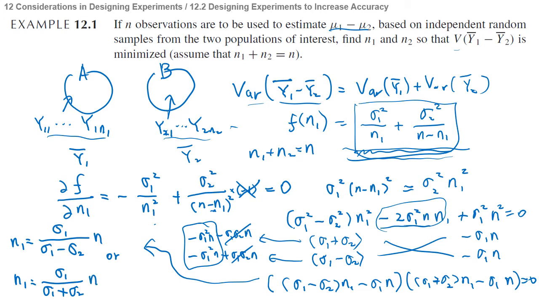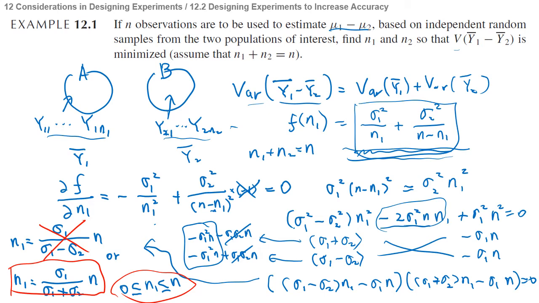And actually we have the restriction that n1 is greater than 0 and less than n. So if you check this restriction, the first cannot be the solution, and so our solution is this second one.